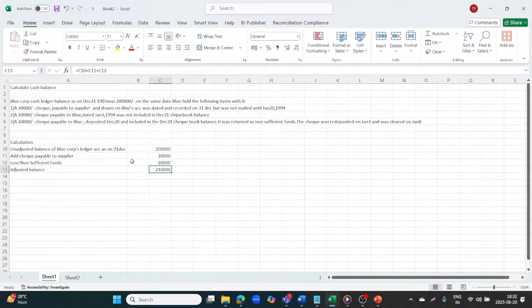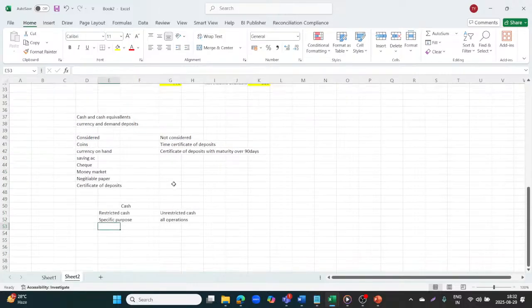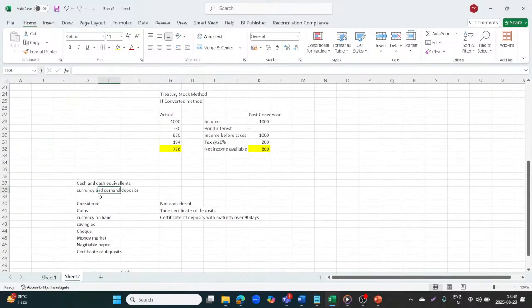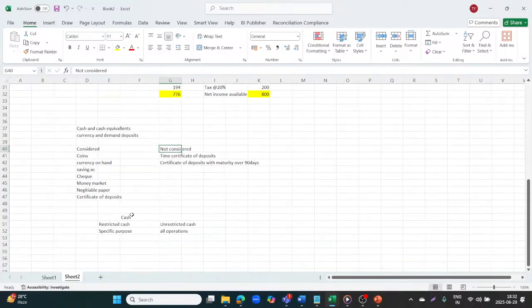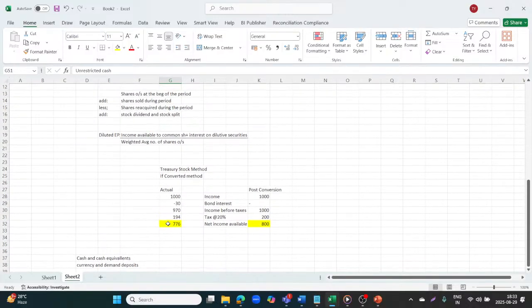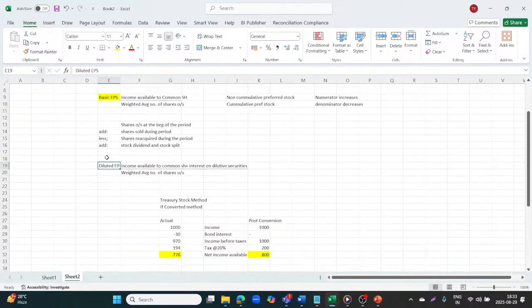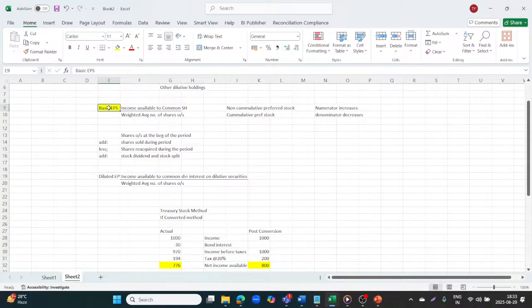You now know what is cash and cash equivalents, what is considered a part of cash and cash equivalents, what is not considered, and what is restricted cash and unrestricted cash, along with an example. Then EPS also we have seen: what is diluted EPS, what is basic EPS, when basic EPS will be applied, when diluted EPS will be applied, what is a true scenario of a profitability situation, how we calculate the income available, and how we calculate the weighted average number of shares.